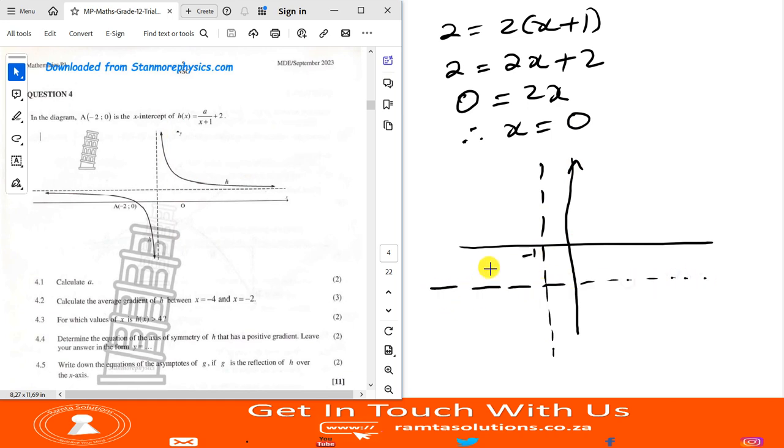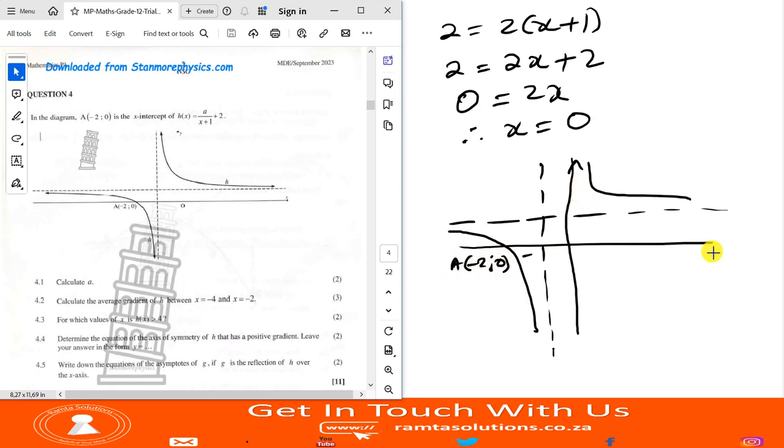Okay? And then, oh, my mistake. It's shifting 2 units up, so it's supposed to be there. 2 units up. Okay, so they gave you this, and they said this is your minus 2 and 0. Okay, and it's like this.